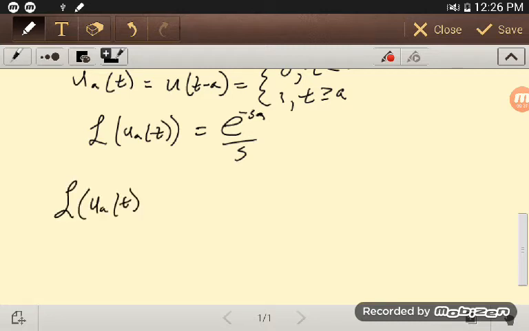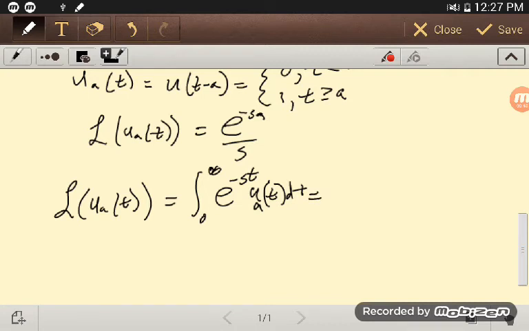The Laplace transform of u_a of t is the integral from 0 to infinity of e to the minus st times u_a of t dt. Now, u_a of t is 0 until I get to a, so this is just the integral from a to infinity. But once it hits a, it's 1, and so this is just e to the minus st dt.